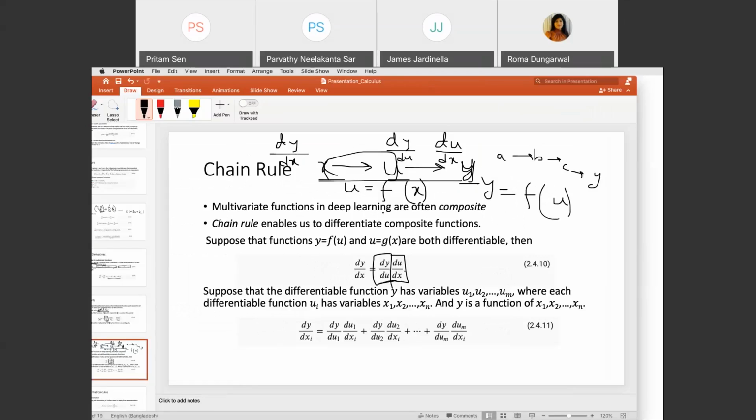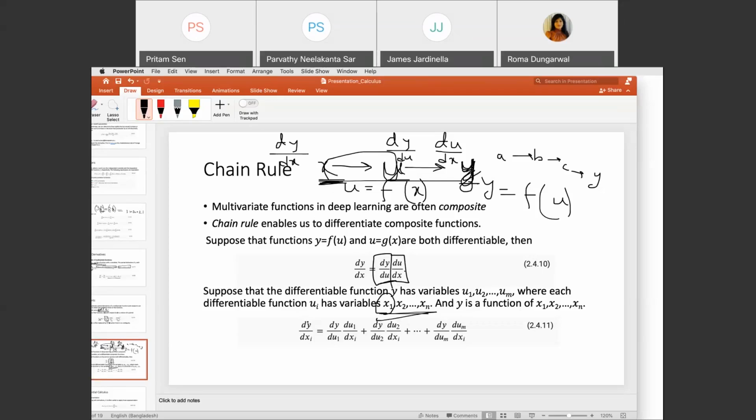For example, x is a vector here. If x is a vector, that means there are many parts here, like x1 to xn. And if we apply the function, the result also contains some parameters like u1 to um, and ultimately y. We want to check the value of y with respect to parameters x. So we can apply partial derivatives. For example, we want to make a change in x1 and see the effect.